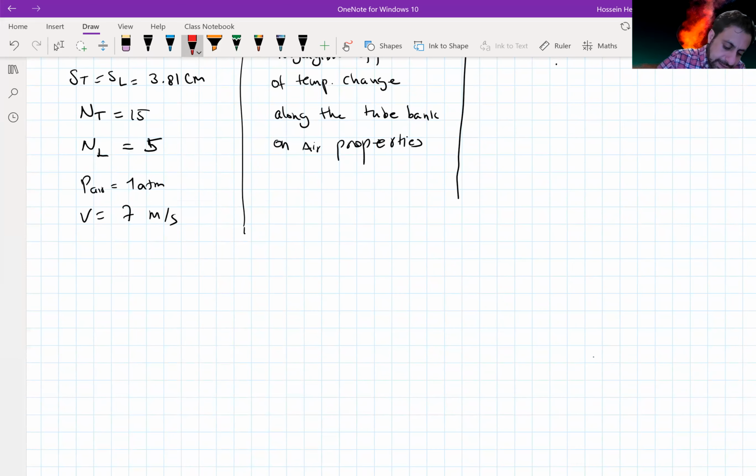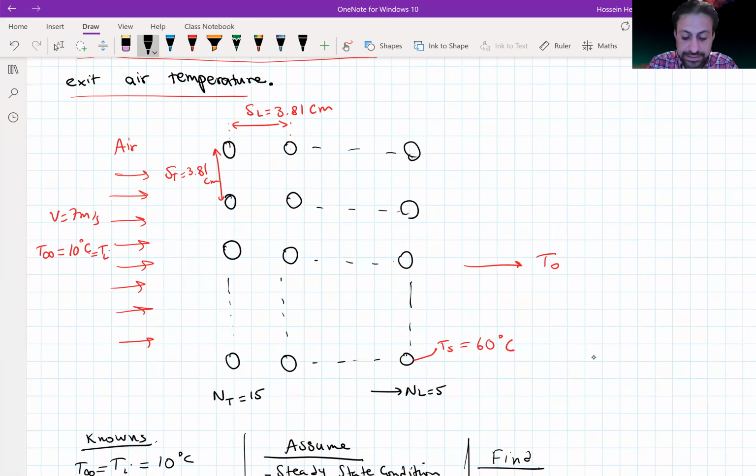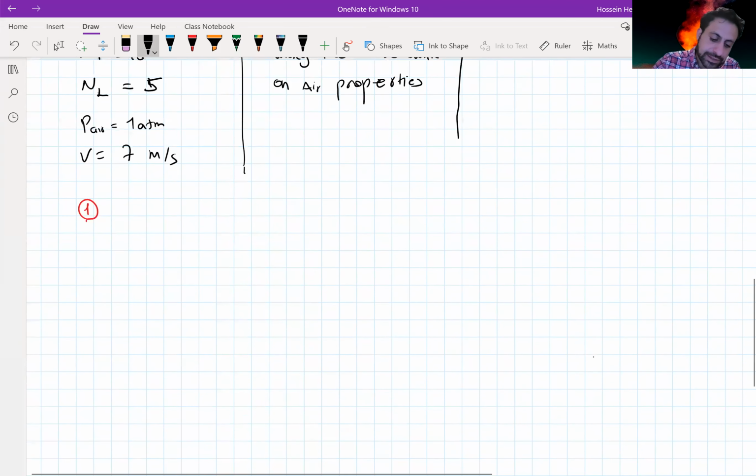So the first step is to find out the properties. Now, we don't really have the air properties; we're going to find the properties at the average temperature between Ti and To. But right now we don't have To. So what we are going to do is just stick to Ti. It's going to take out some heat and go out. But later on, we can evaluate that one.